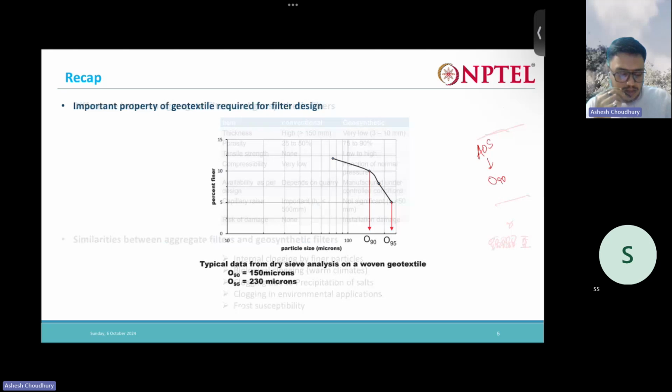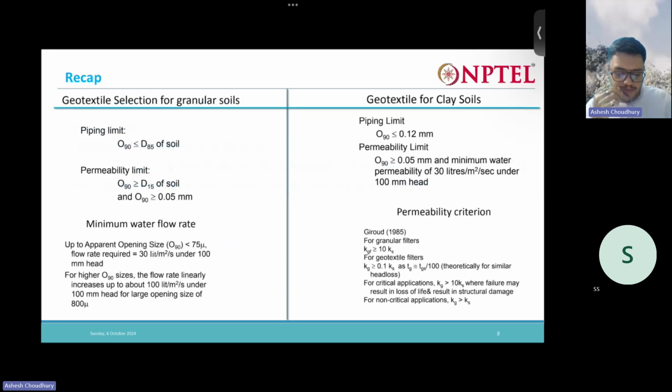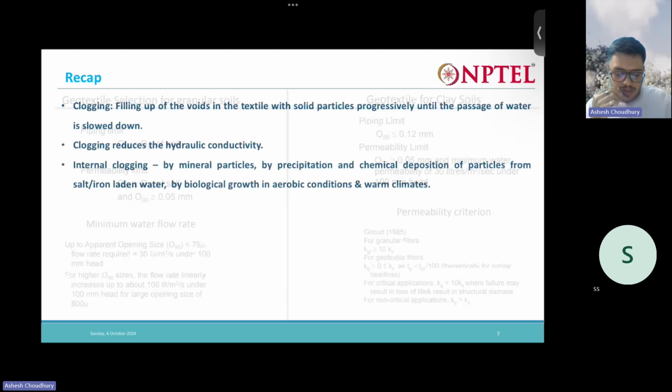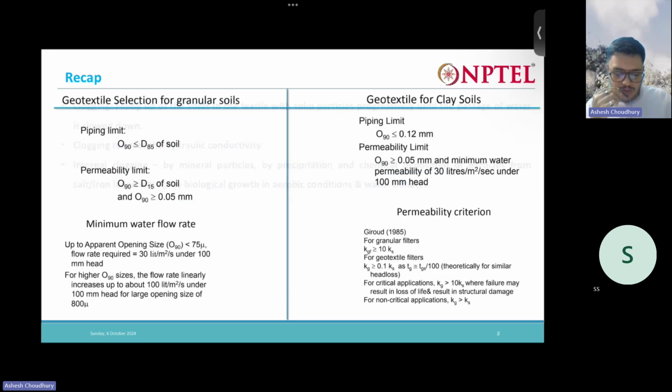Let me directly go to the problem. All these criteria we discussed, including how to select a geotextile as a filter. For granular soil it's different, and for clay soils it's different. The two main criteria we have to follow are the permeability criteria and the retention criteria.